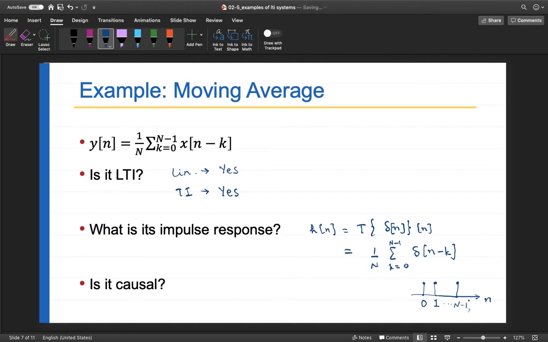So this is my impulse response, and then 0 everywhere else. I can clearly see the impulse response is 0 for all n less than 0, so it is causal, yes, because h[n] equals 0 for all n less than 0.